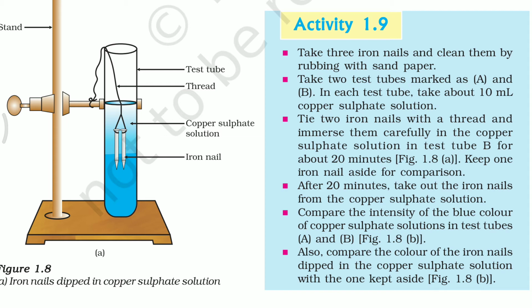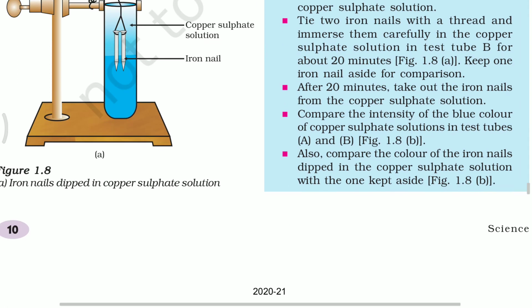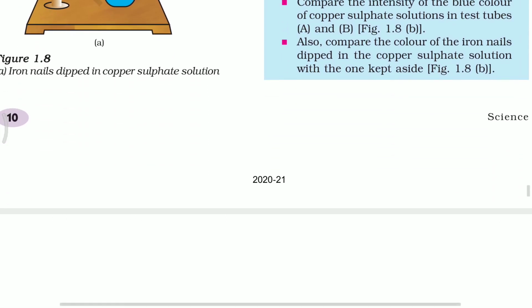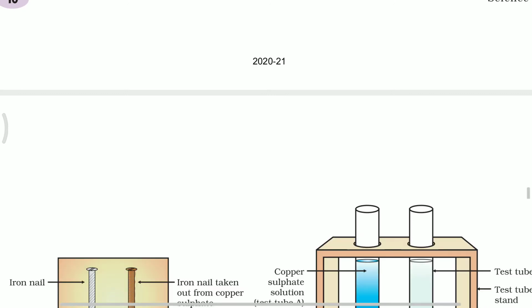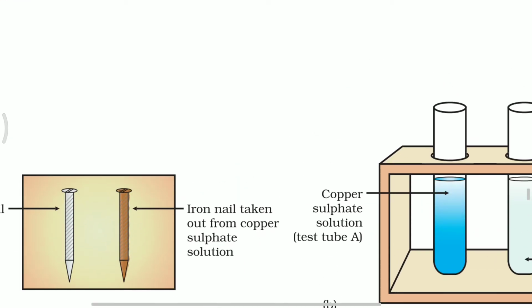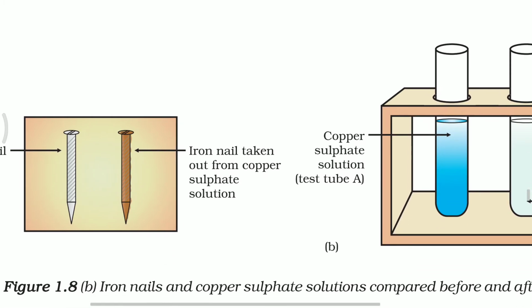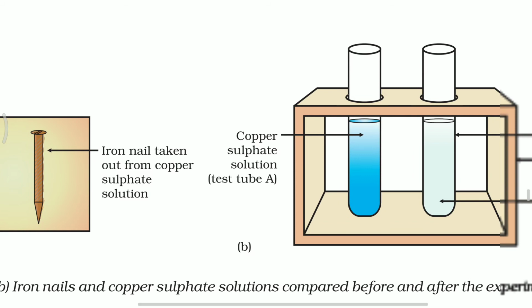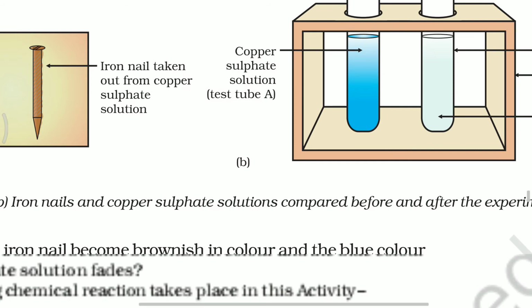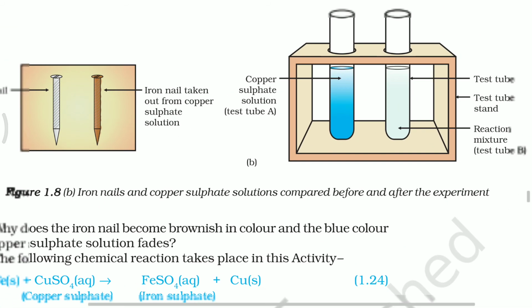So displacement reaction takes place. The white iron nail becomes reddish brown, and the blue copper sulfate solution fades out into a light greenish color. So this is the reaction.